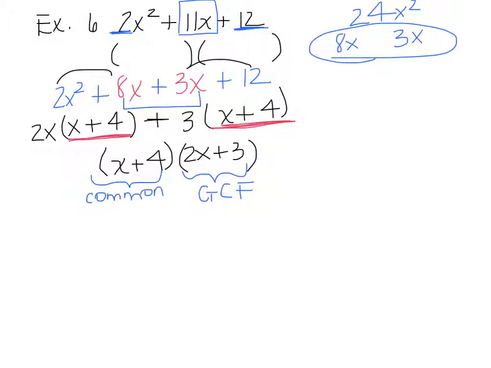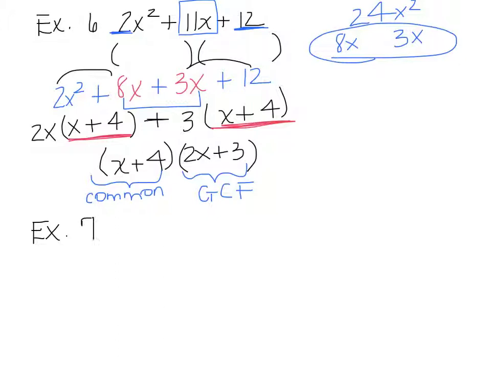And it doesn't matter the order. And that's probably one of the easiest ways to do it when A is not 1 and you can't pull out a GCF. But as I stated before, you can do trial and error till you get it to work.